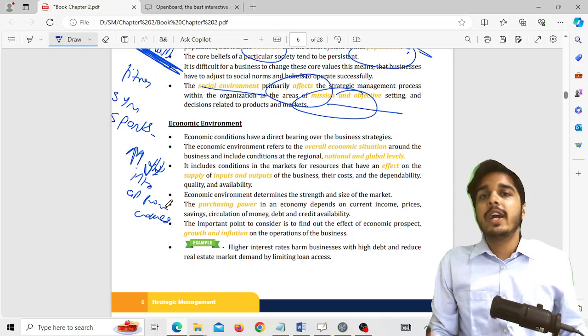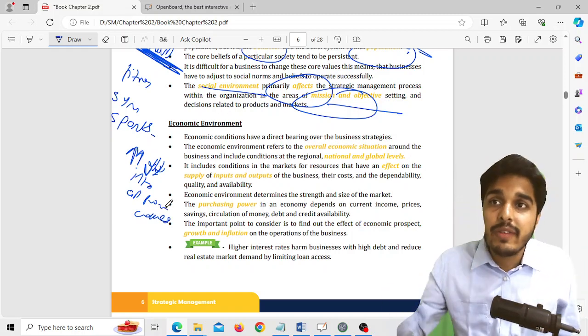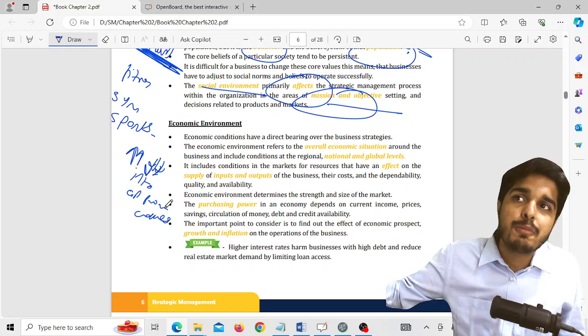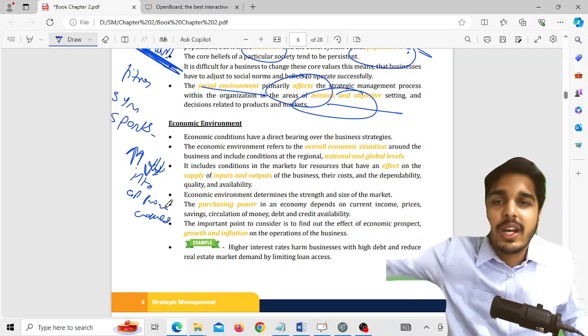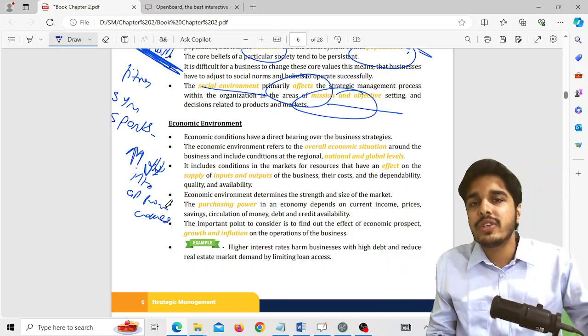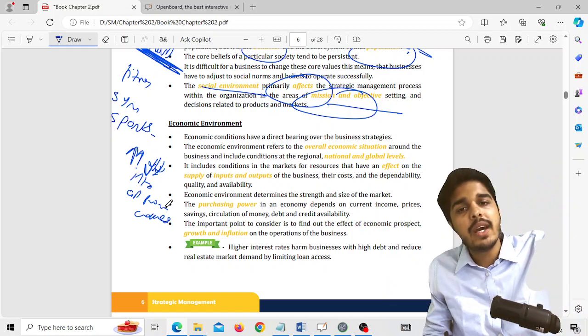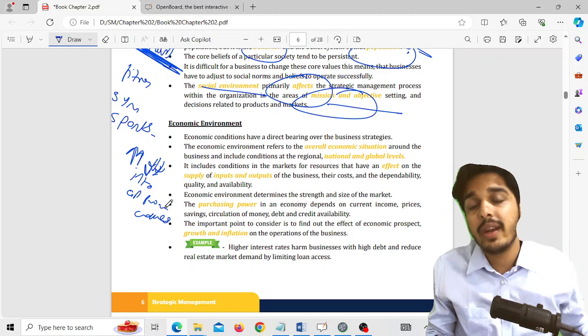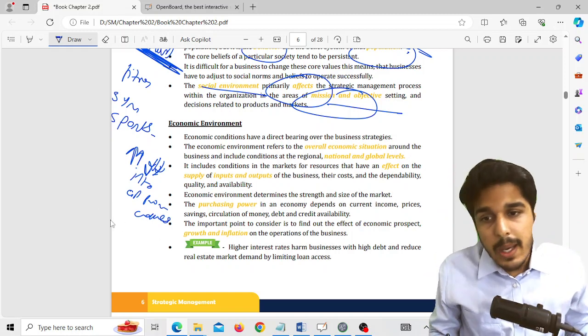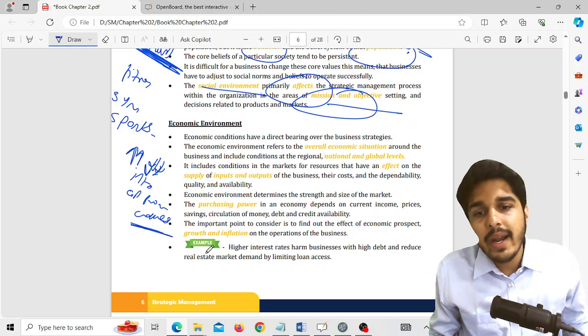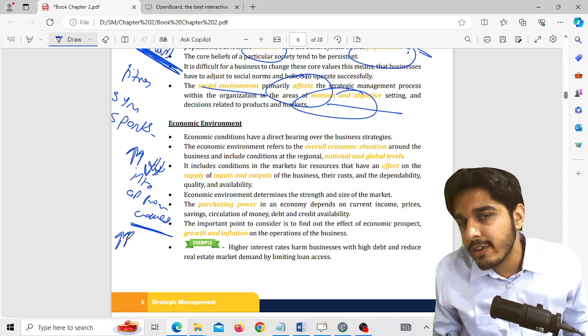On the other hand, if someone is growing their business, they will approach Instagram and say please put my ad on your Instagram channel. In this way, if the economic conditions of the country are growing, I am also growing. If they are going down, then I am also going down. Next example, suppose the condition of my country is very bad, interest rates are increasing, inflation is very high.